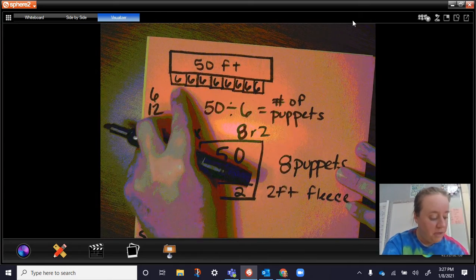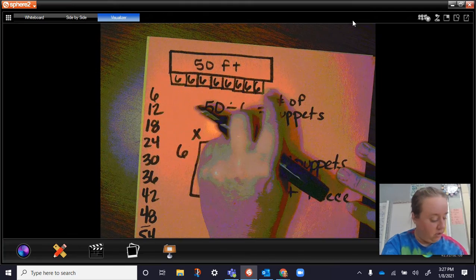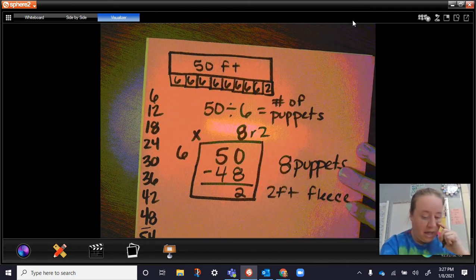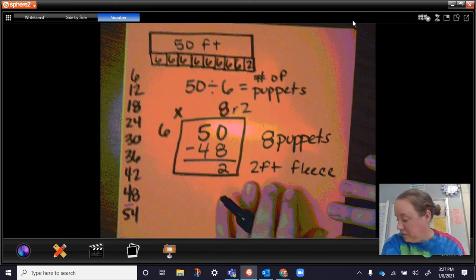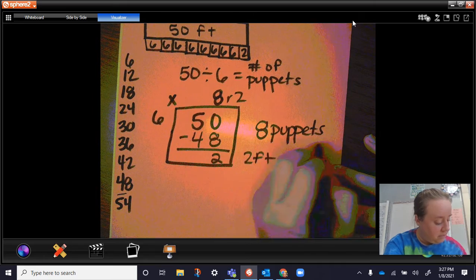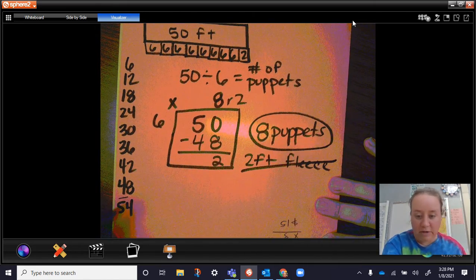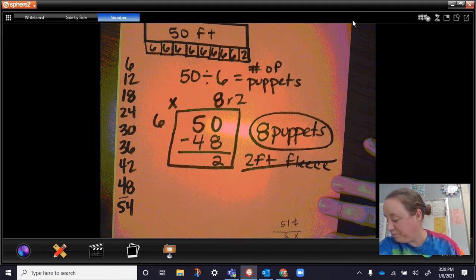So puppet, puppet, puppet, puppet, puppet, puppet, puppet, puppet. Well, this last piece right here is only 2 feet. I can't make a puppet with that one, so I can only make 8 puppets. When it's asking what's the greatest number of puppets I can make, that would be my answer. I'm going to ignore the remainder. I don't need it for this problem.